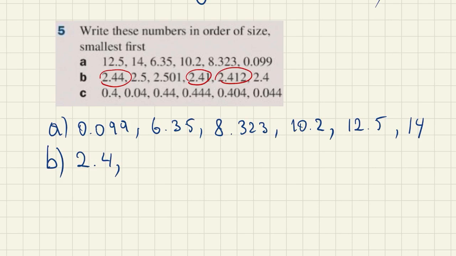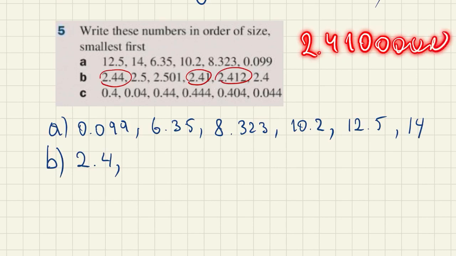Okay, then there is a bit of a challenge, as you can see. 2.412, 2.410. A small trick which you can use is, if it's a decimal part, you can add zeros to it. Like if you have 2.41, you can make it 2.410000 indefinitely.